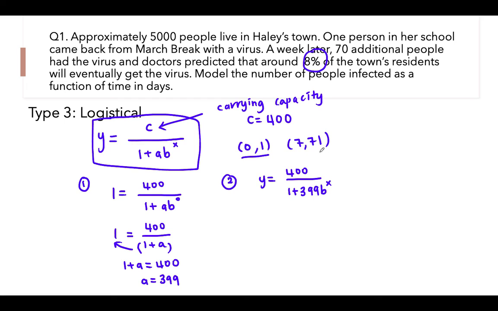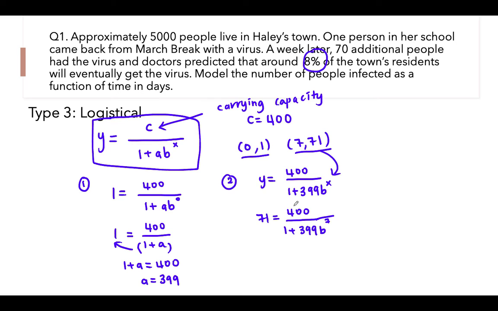And now I'm going to plug (7, 71) into the next equation. So y is 71 equals 400 over 1 plus 399 times b, that's what we're looking for, and then x is 7. Okay.